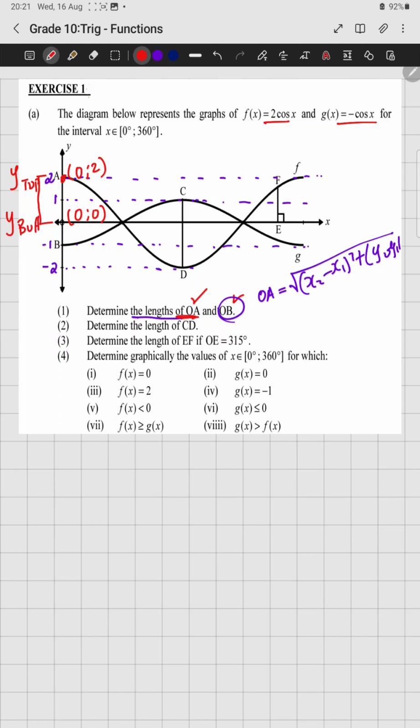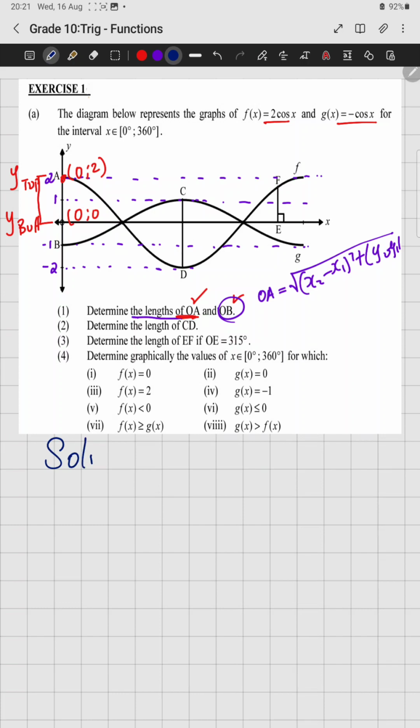All right, so if we want to get the length from O going up to A, we can just use this formula. So let's check that. How do we then calculate the length of OA?